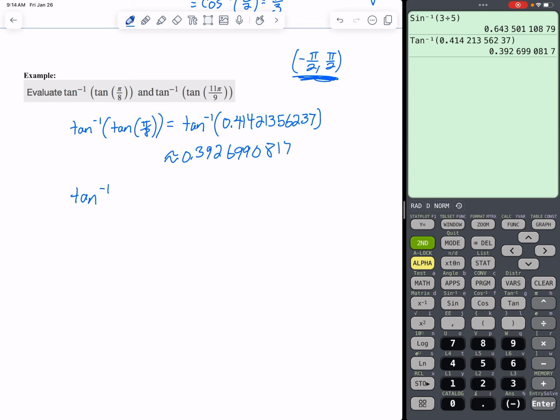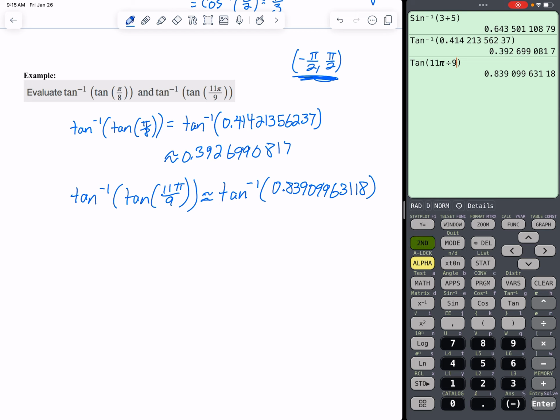Now let's do it this way. We have another one, inverse tangent of tangent 11 pi over 9. So we're going to plug that in, tangent of 11 pi over 9, and we get roughly 0.839099631118.